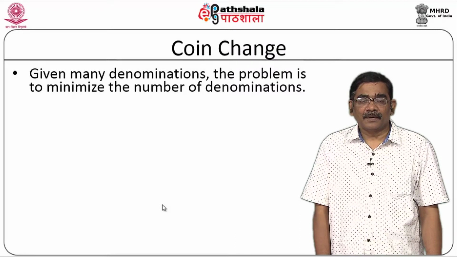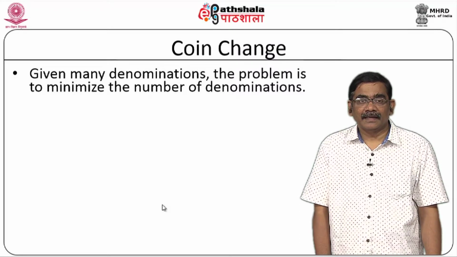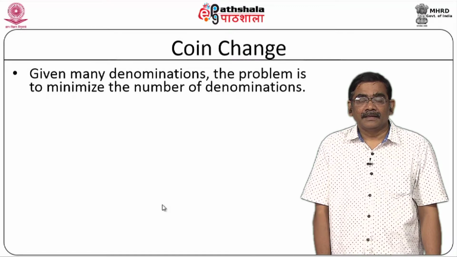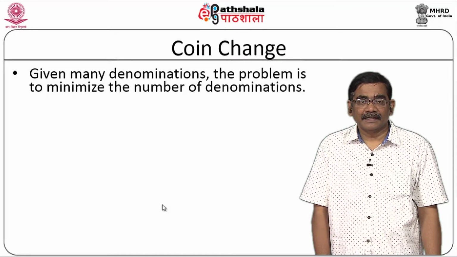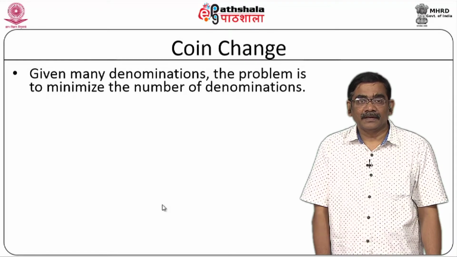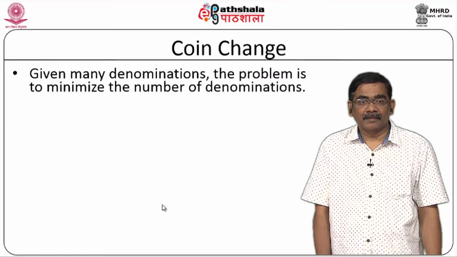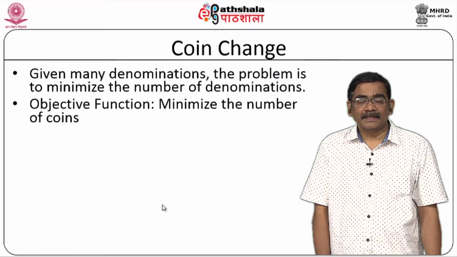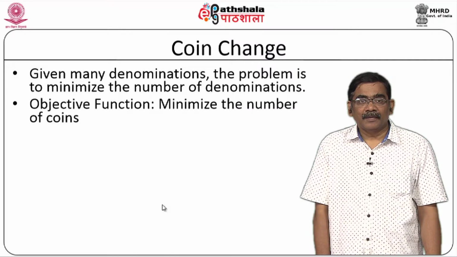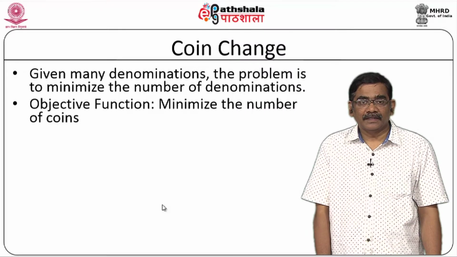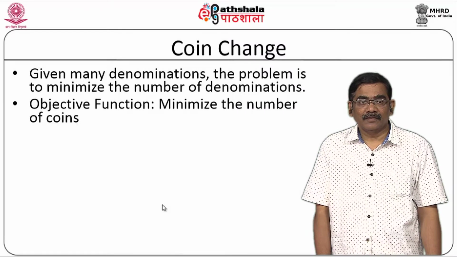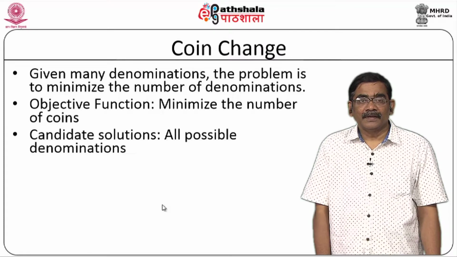Once we have a problem which is stated as a minimization, then immediately we can recognize that this is going to be an optimization problem. The optimization problem has an objective function, that is, to minimize the number of coins.